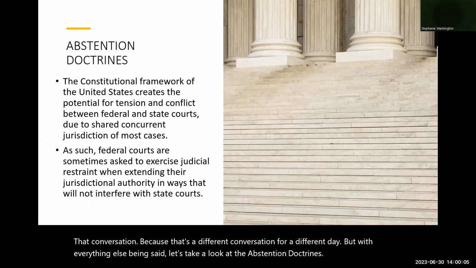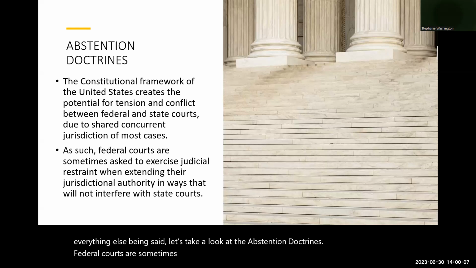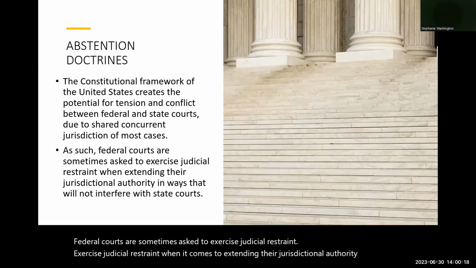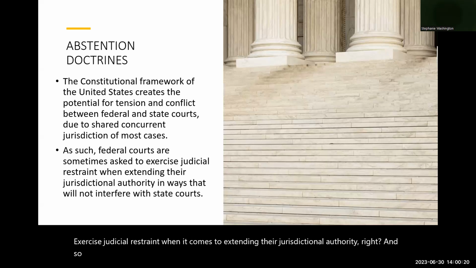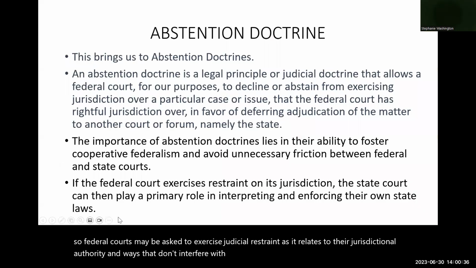Federal courts are sometimes asked to exercise judicial restraint when it comes to extending their jurisdictional authority, right? And so federal courts may be asked to exercise judicial restraint as it relates to their jurisdictional authority in ways that don't interfere with state courts.